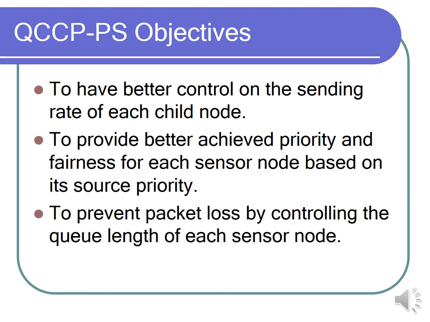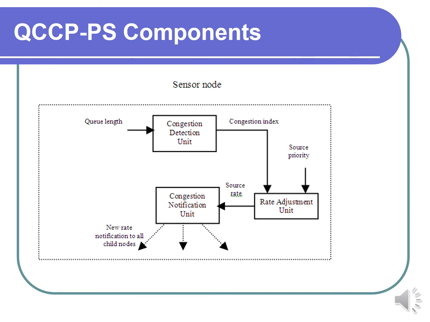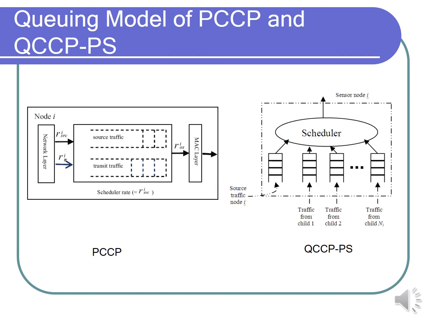The objectives are to have better control on the sending rate of each child node, to provide better achieved priority and fairness for each sensor node based on its source priority, and to prevent packet loss by controlling the queue length of each sensor node. The components are the congestion detection unit, congestion index, source priority, rate adjustment unit, source rate, and congestion notification to all the child nodes.